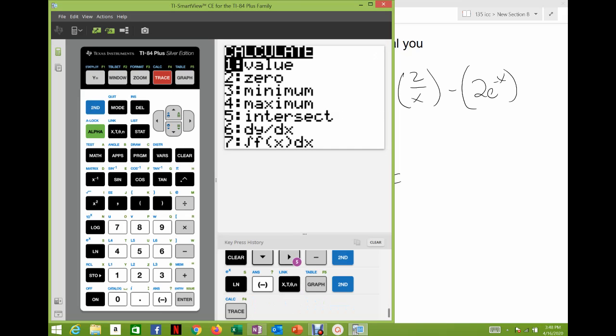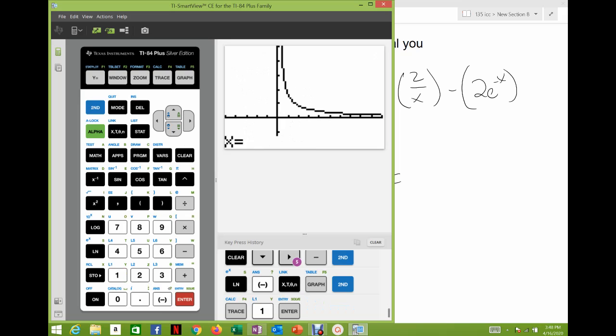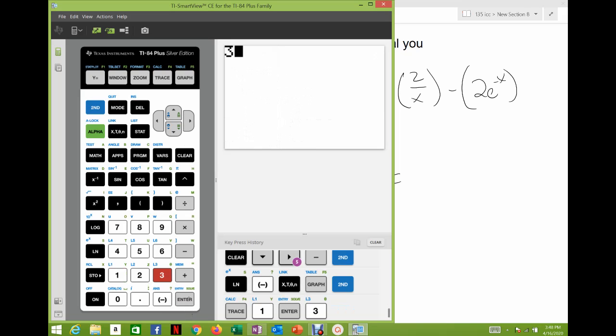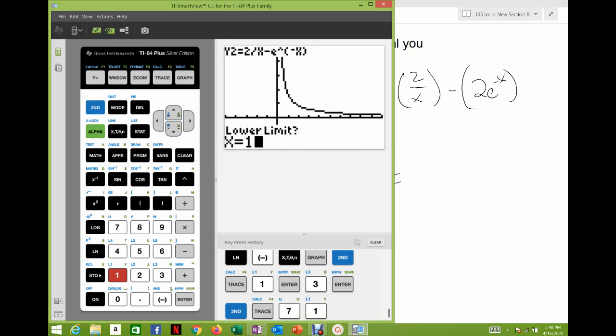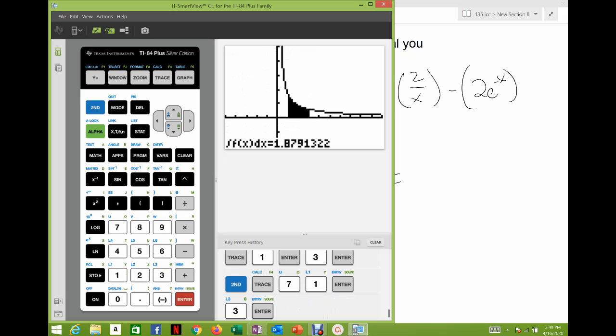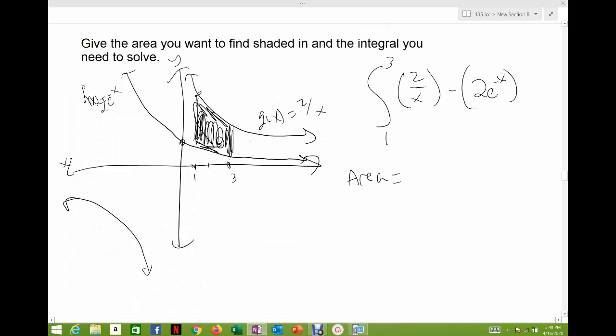So second trace, integrate from 1 to 3. There we go. Integrated from 1 to 3, and so the area is 1.879. That's the area that we found, 1.879.